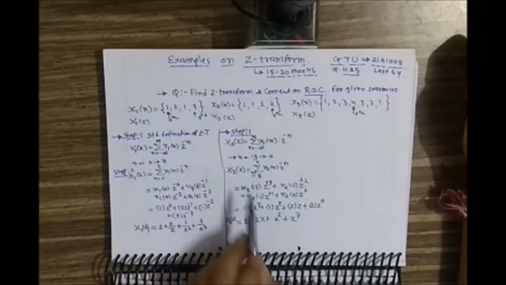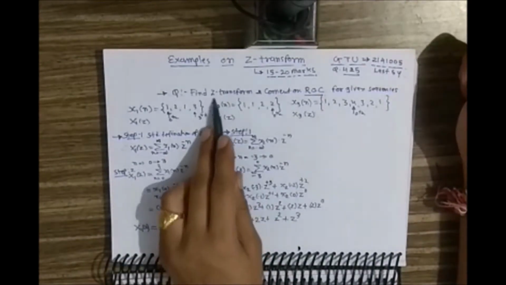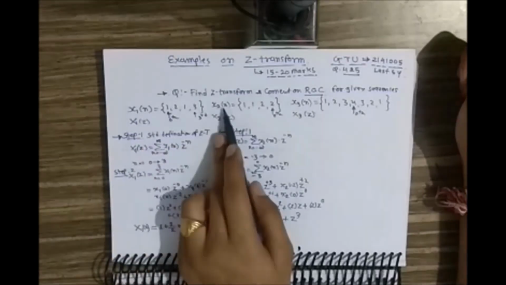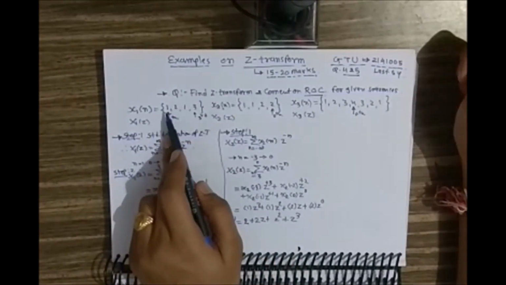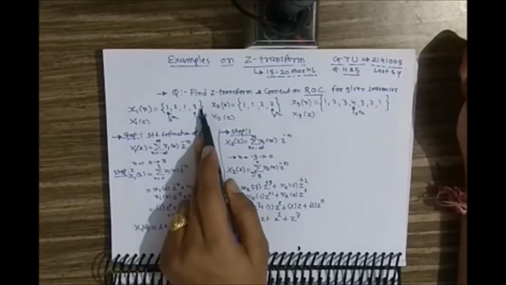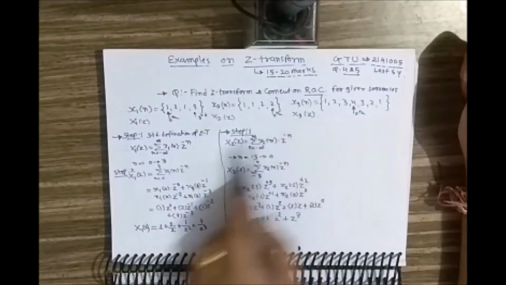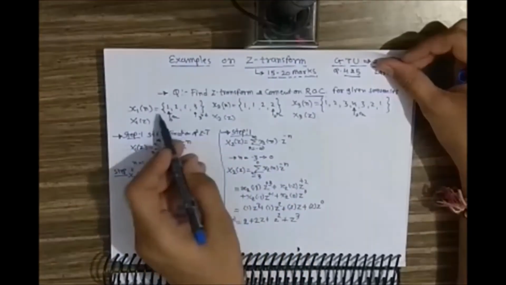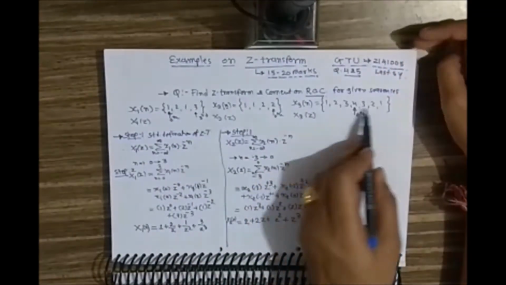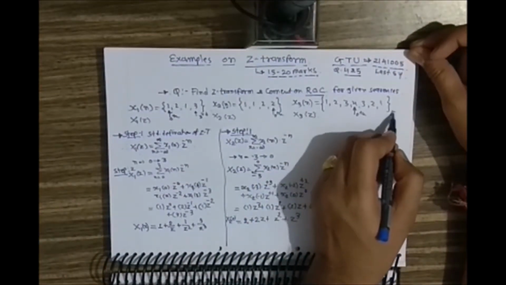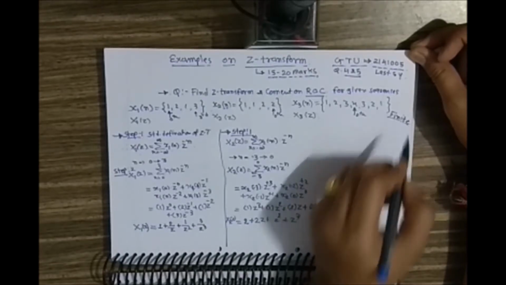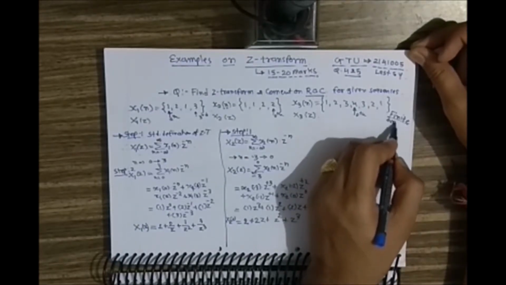So this is the simple way to solve x1 of z and x2 of z, the z transform of a given sequence. Remember, the sequences we considered are finite sequences. So x1, x2 as well as x3, all the sequences are finite duration sequences.